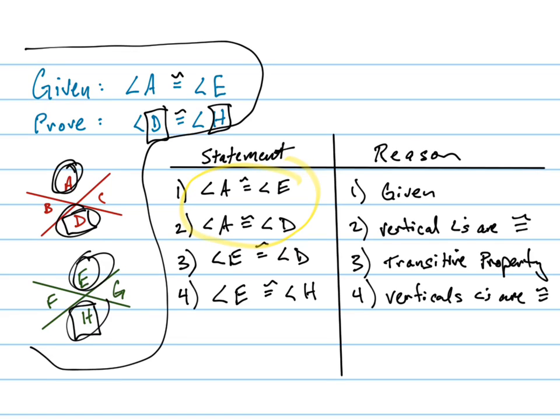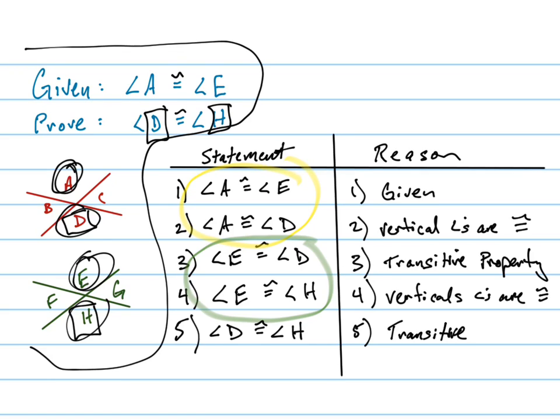I have to justify what I'm saying every time I say a statement. I have to give a reason, a justification. Well, same thing. I'm going to do the same thing that I just did before, which namely is that if those things are true, I know, step 5, that angle D is congruent to angle H, and that's by the transitive property.